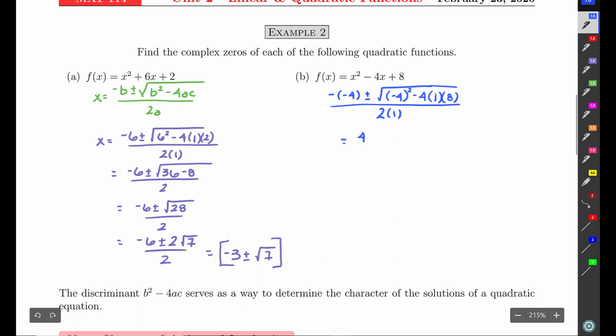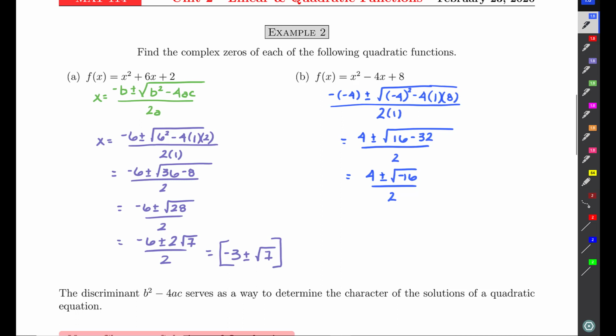So here we get 4 plus or minus the square root of 16 minus 32, over 2. And here the discriminant, the value that's underneath the radical, is negative. So that indicates to us that we do have two complex zeros to this quadratic.